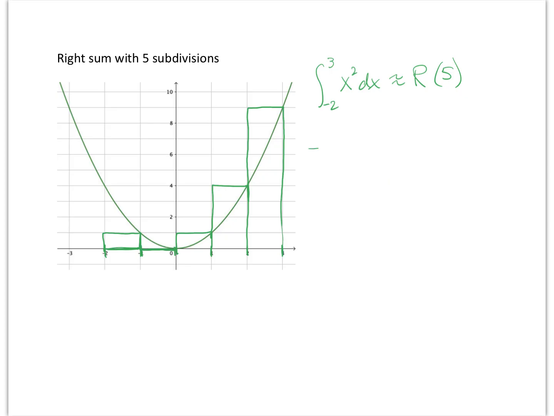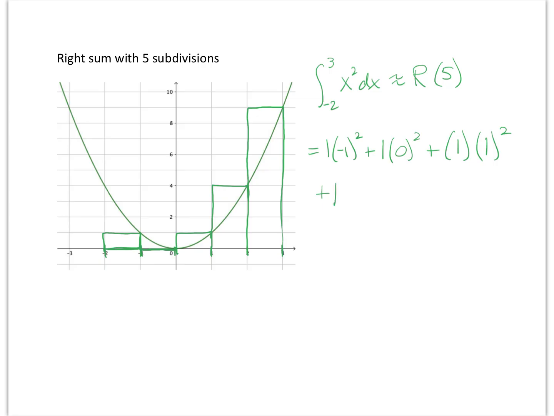So the first rectangle, base is 1, height looks like 1, but the way I figure out that height, not just by looking at the graph, is to plug this -1 into the function x squared. So this is 1 times -1 squared. Next rectangle, base is 1, the height is the function value at 0, so 0 squared. Next rectangle, 1 times the height of the function at 1, which is 1 squared. Next rectangle is base of 1.